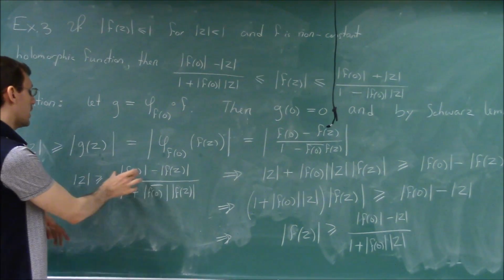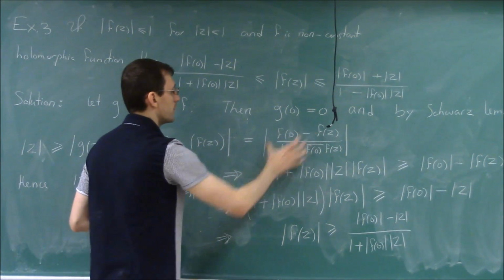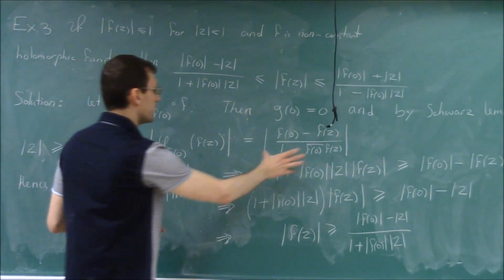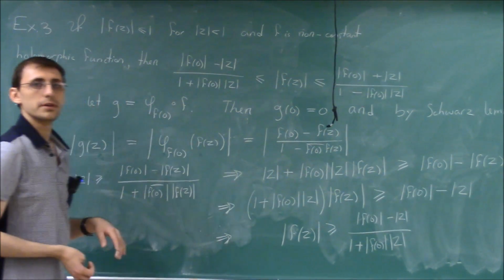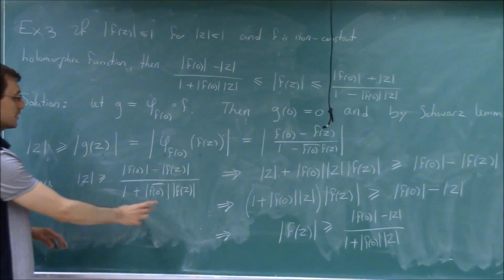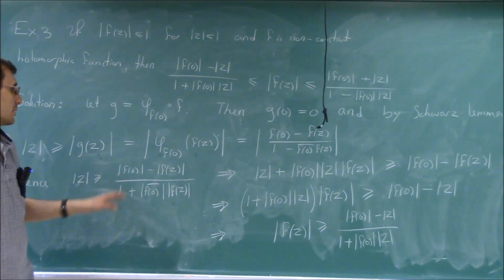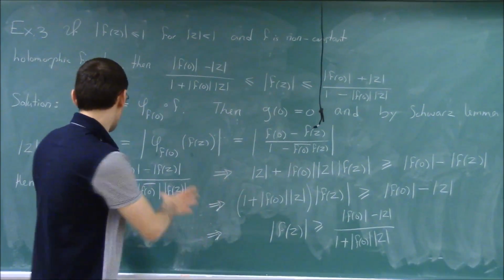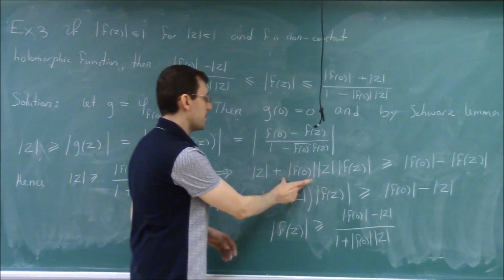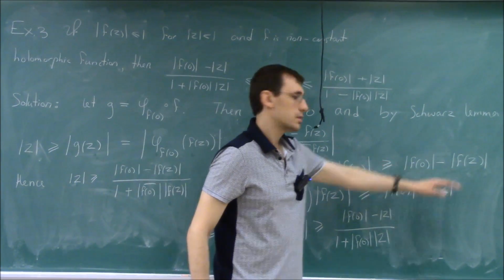So here, I consider the difference of the absolute values, which is smaller than the absolute value of the difference. And on the bottom, I divide by a larger number. So then we have that magnitude of z is necessarily bigger than this quantity. Now if we just multiply the denominator by magnitude of z, we get this part, and this part is clearly positive, is bigger than this part.